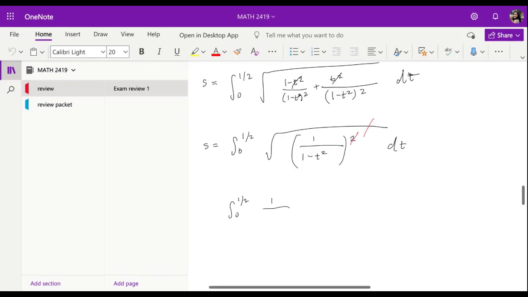And so to integrate that, what do you guys think we would need to use? What is the easiest method we can use to take this integral that you guys remember from maybe Calc 1? Any ideas? You guys can type it in the chat or say it out loud.